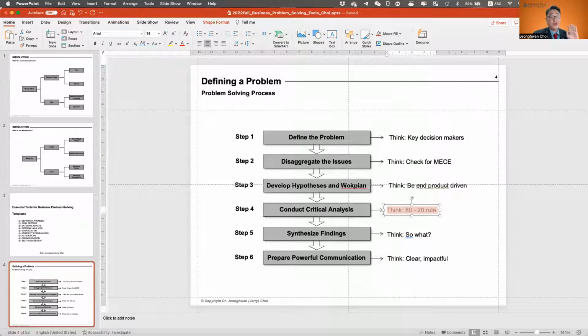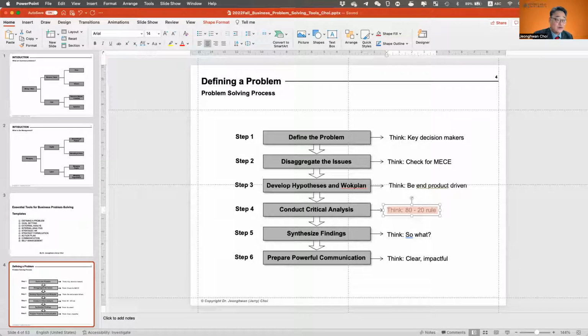So when we conduct a critical analysis, absolutely we want to conduct every single possible analysis: data, quantitative analysis, external, internal, financial. We have thousands. However, can we do it all?